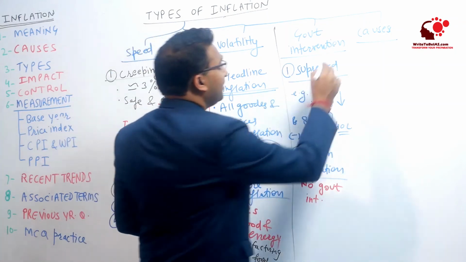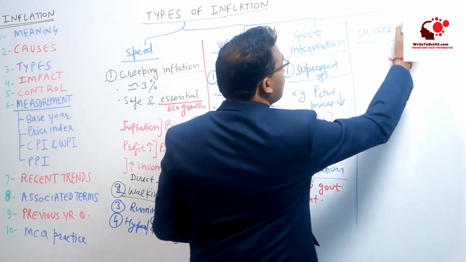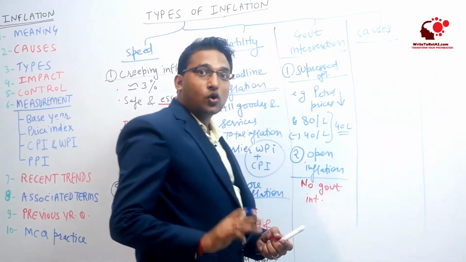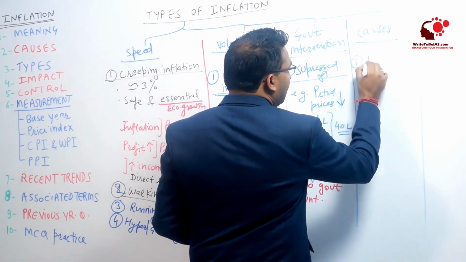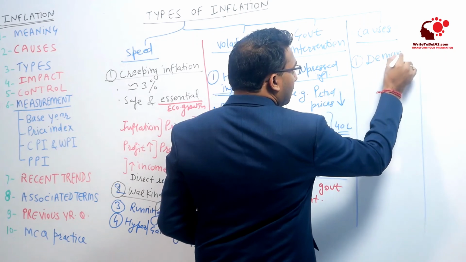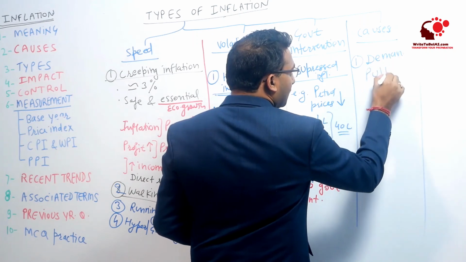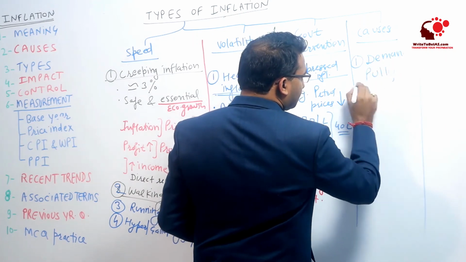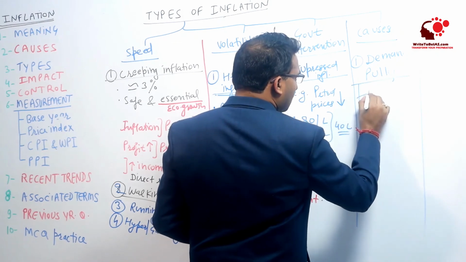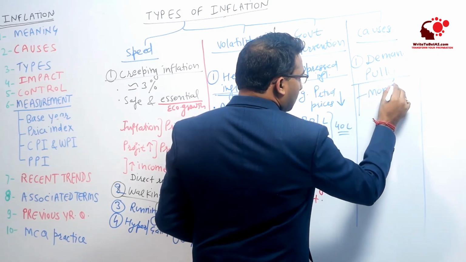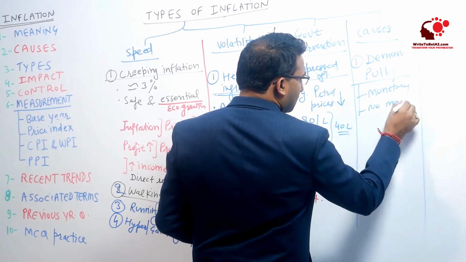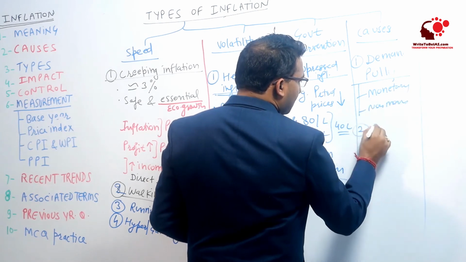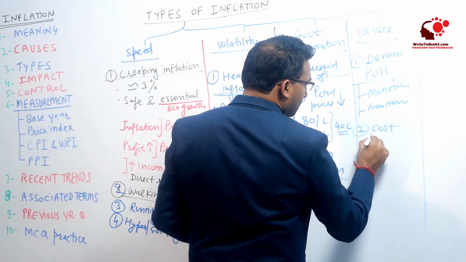Now the last category is based upon the causes of inflation. So based upon the causes of inflation, we have already discussed. One can be the demand pull inflation. This demand pull can again be categorized into monetary and non-monetary. Second can be the cost push inflation.